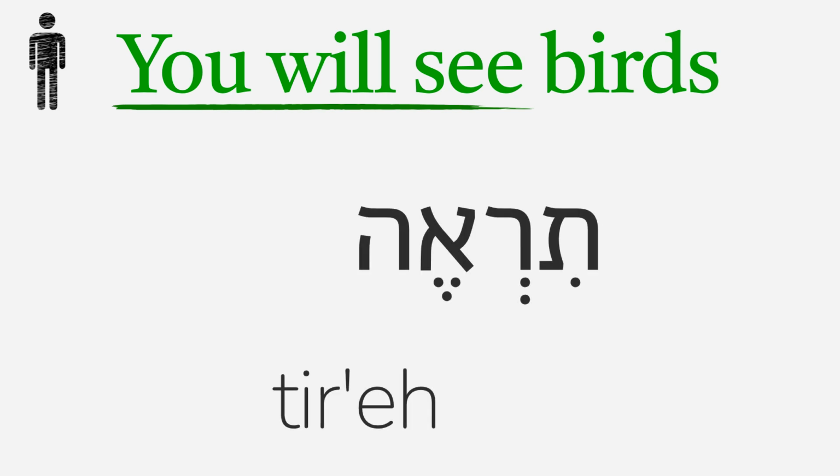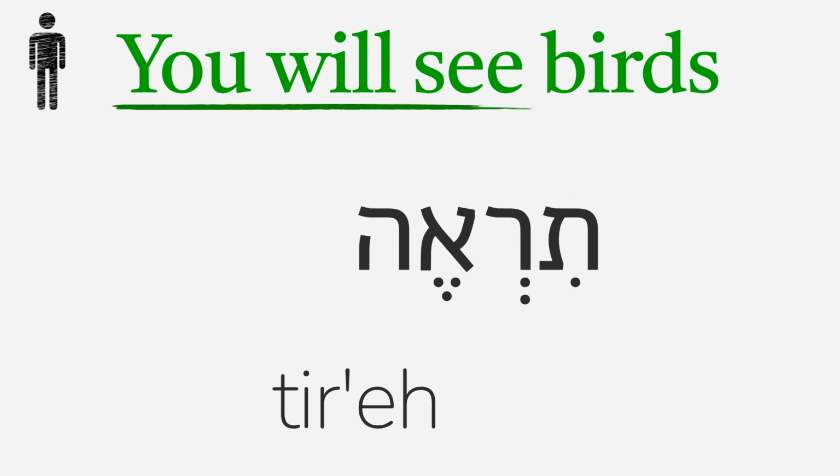Let's end today by saying you will see birds. For now, let's say that the you is masculine singular, which means that the verb you will see will be tir-e with the t prefix, which shows that the subject is ata and the tense is future.